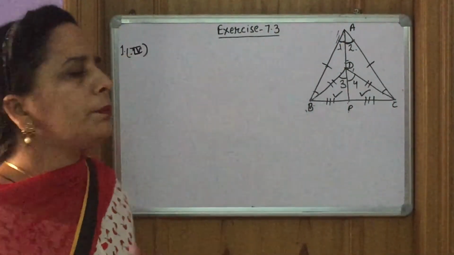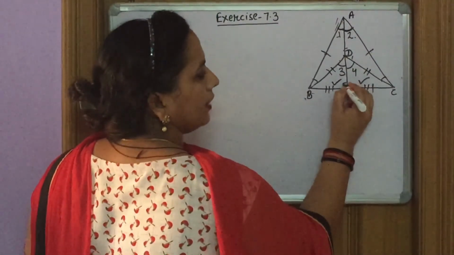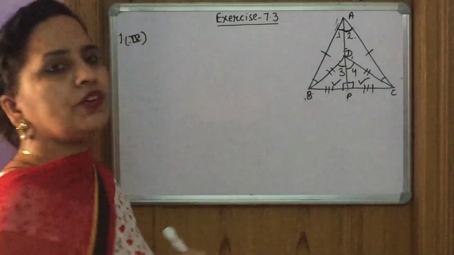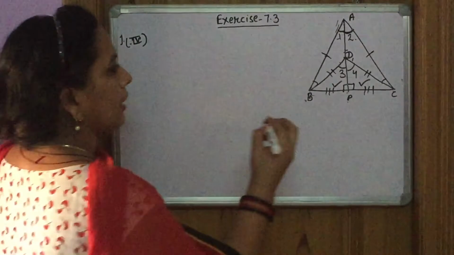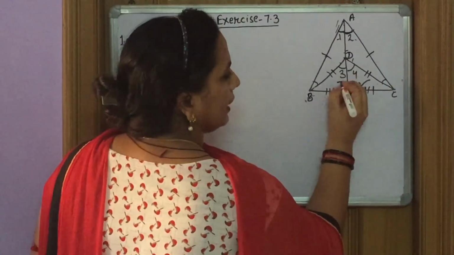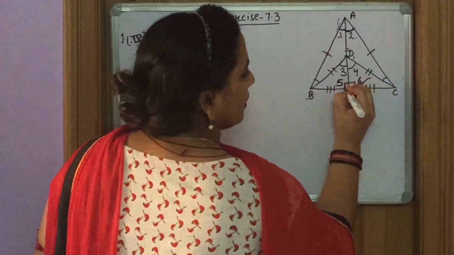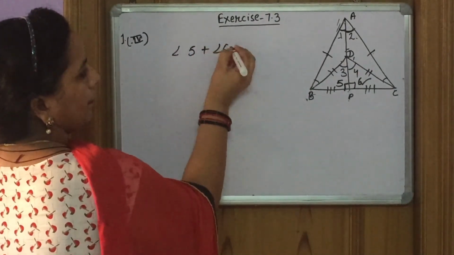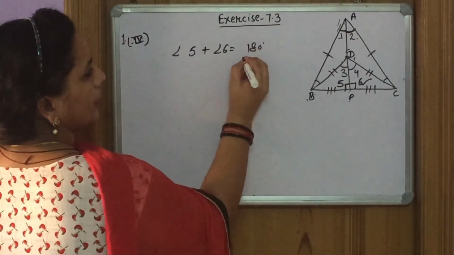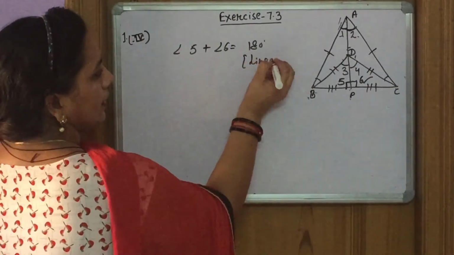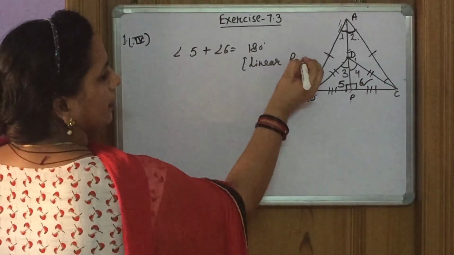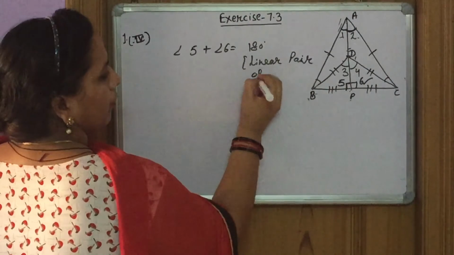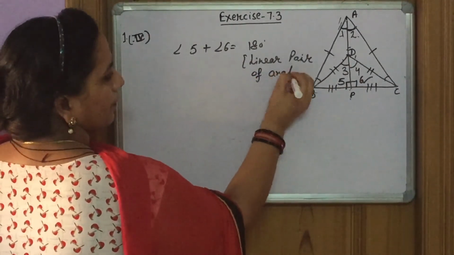Now the remaining term is we have to show here that there is an angle of 90 degrees. If we mark here angle 5 and angle 6, we can say angle 5 plus angle 6 is equal to 180 degrees, because of the linear pair of angles.